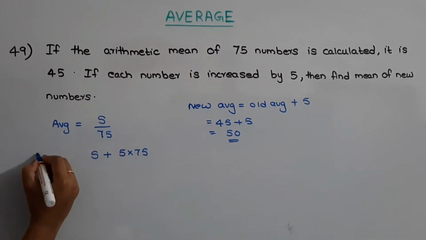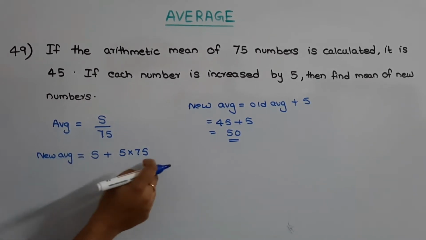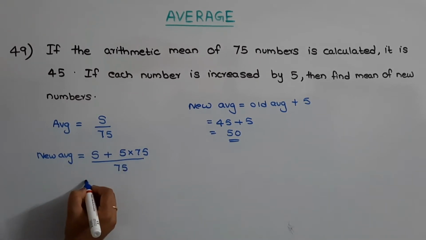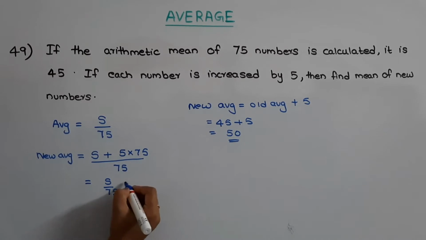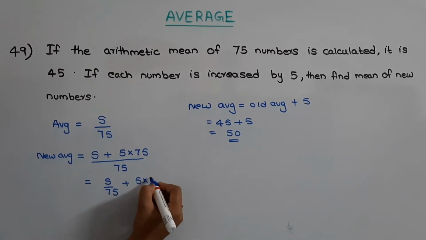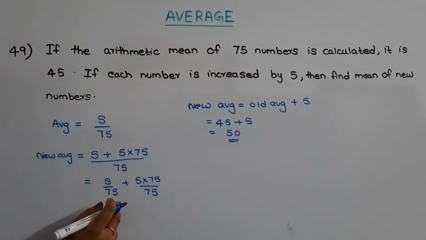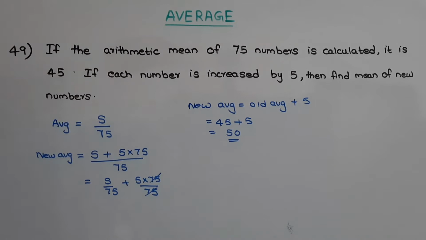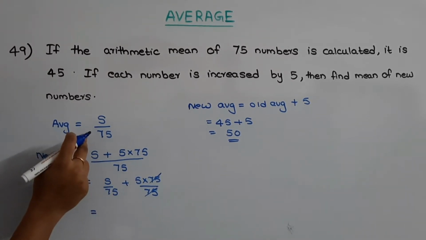Then what will be the new average? New average will be equal to this new sum divided by 75. So we can write this as S by 75 plus 5 into 75 divided by 75. We can split this into this form. So this 75 and 75 get cancelled. So S by 75 is the old average.